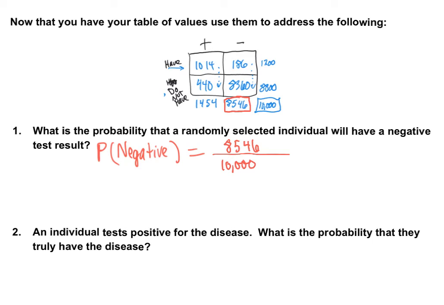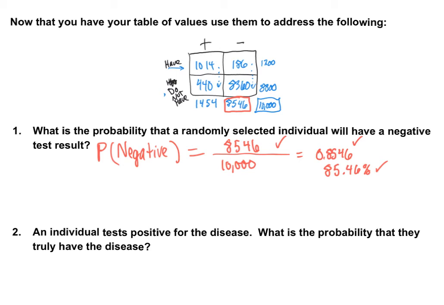We can turn this into a decimal. 0.8546 is the decimal probability, which means if I wanted to make this into a percent, it's 85.46%. So all of these are the different representations: the fraction form, the decimal form, and the percent.